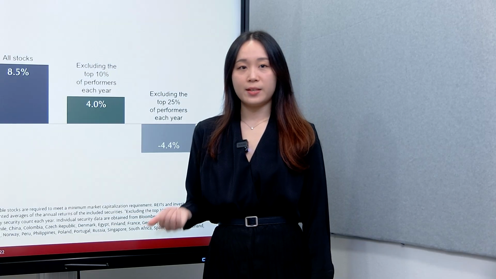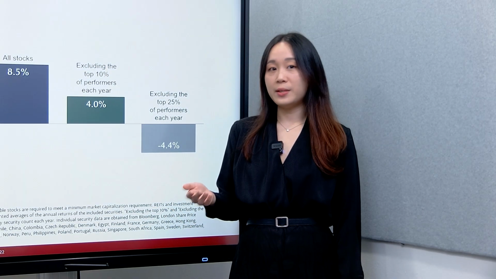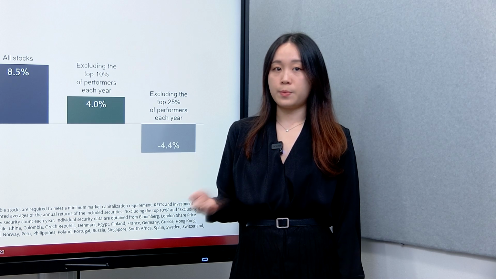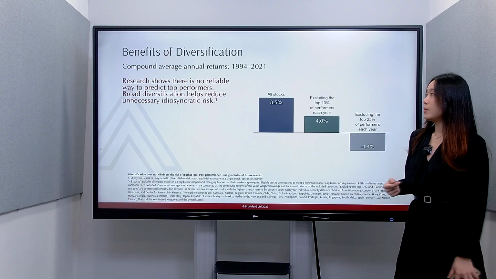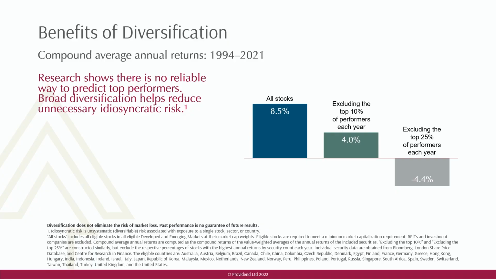There's no evidence that investors can reliably predict how individual securities or a small handful of securities will perform in any given year. Looking at the broad market, equities generate a return of about 8 to 10%, but technically, only a small part of the market drives the majority of the return.